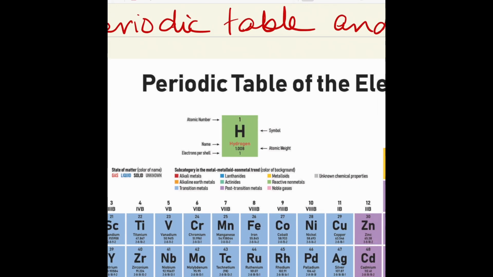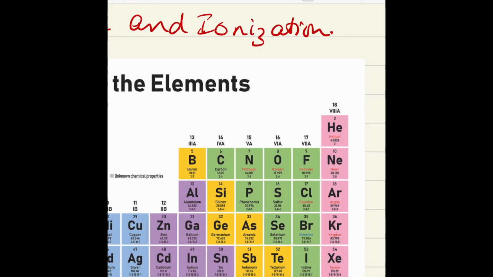Remember, we don't talk about the B groups. So in 3A, remember this is group 3, group 3A has a valency of 3. This group has a valency of 4. This has a valency of 5, 6, 7, 8, except for helium.